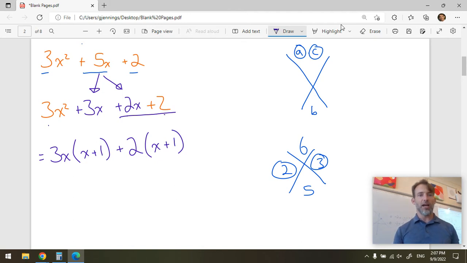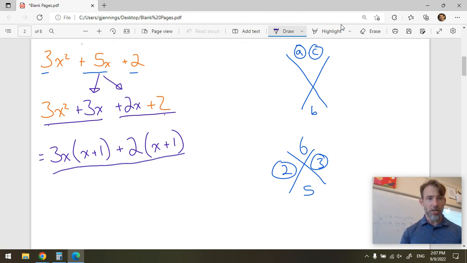So now I have this factored by common factoring in two places. This one common factored, and I took out 3x. That one common factored, and I took out 2. Now I have this funky expression, and I notice that x plus 1 is a common factor to both of them. So I can factor out x plus 1 from both.